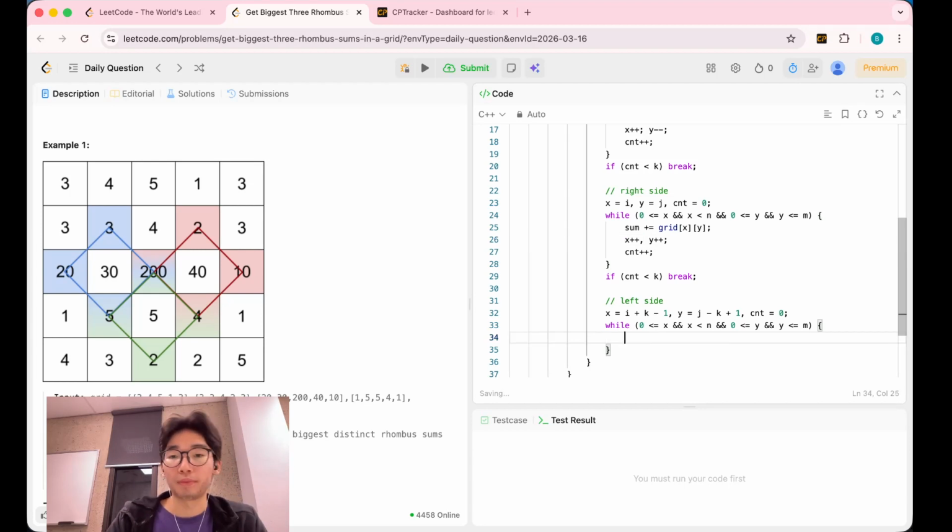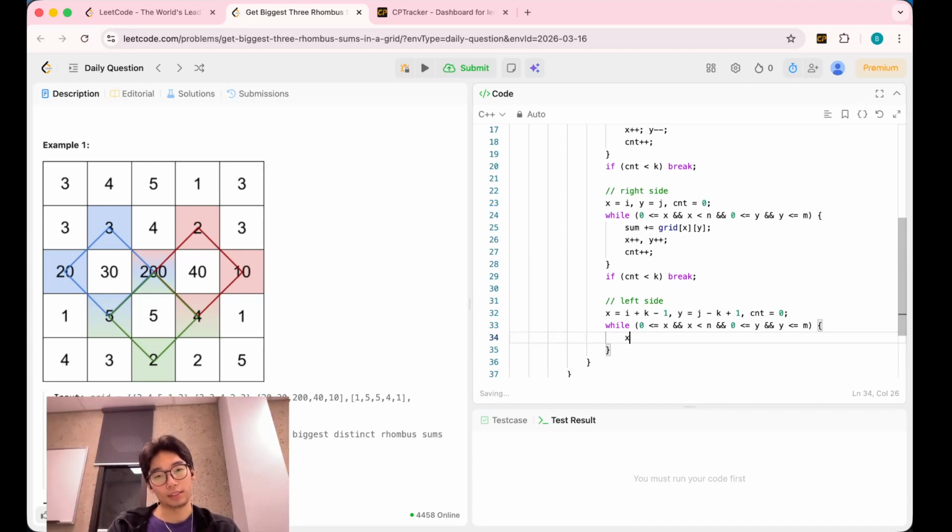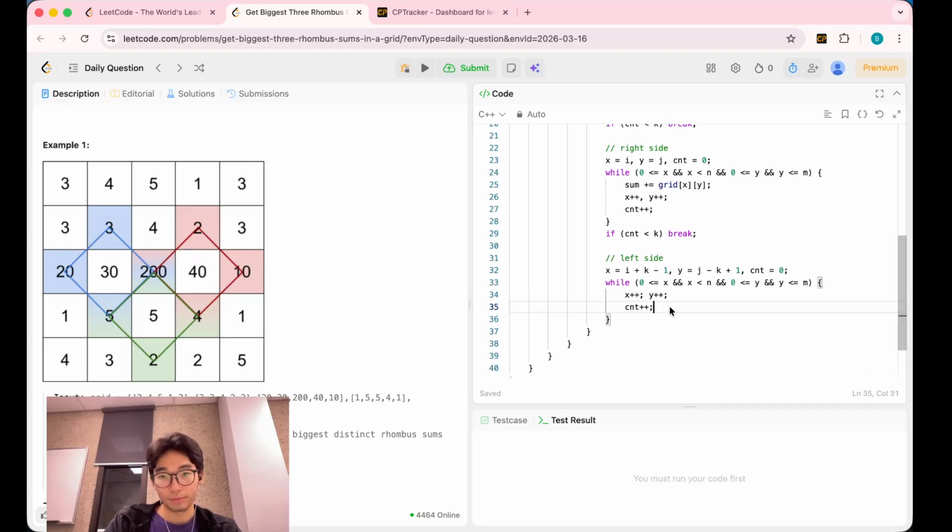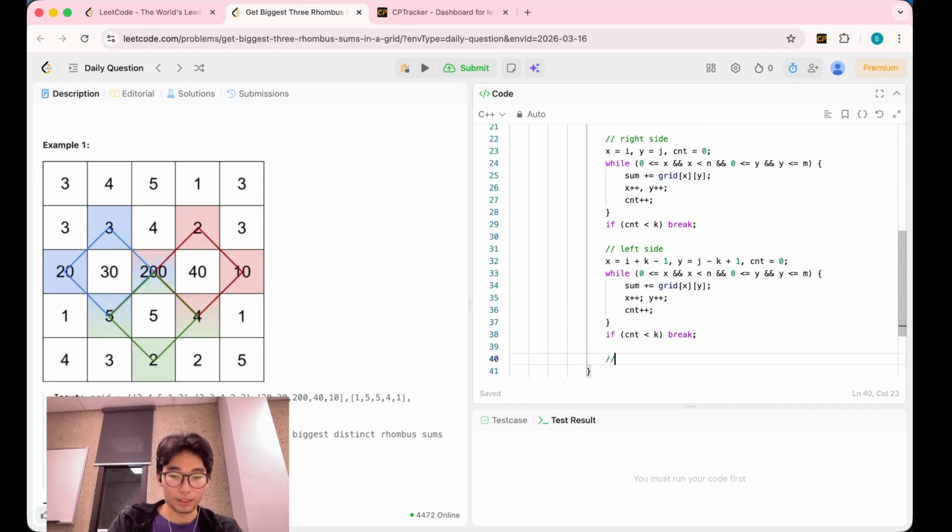Now x is still increasing. Here we keep going down, and y is also increasing. Okay, now the bottom right side.